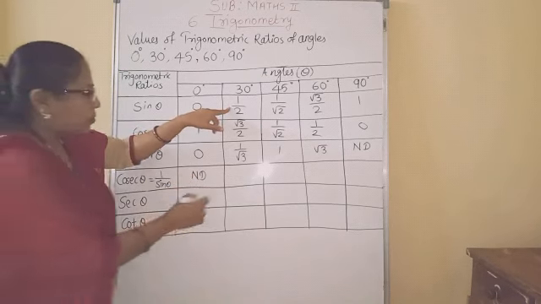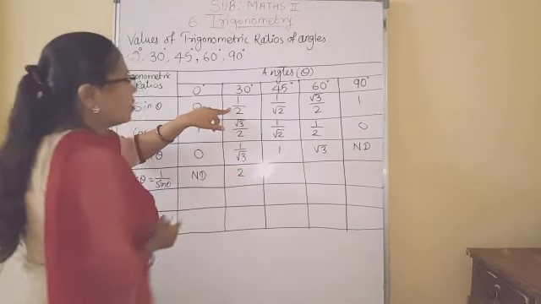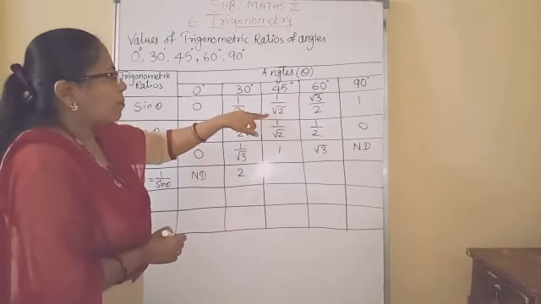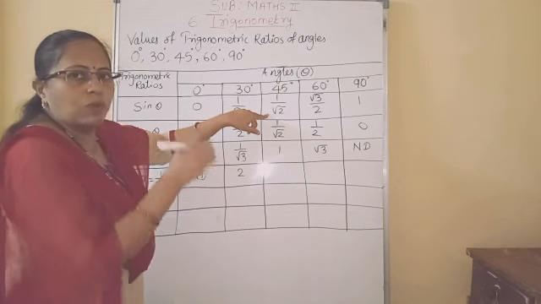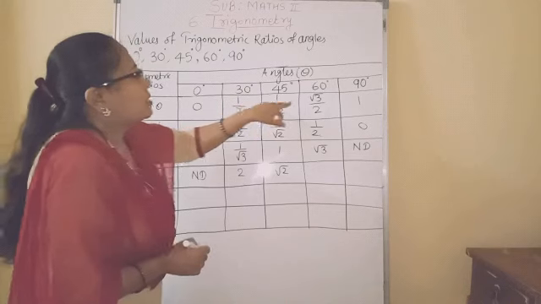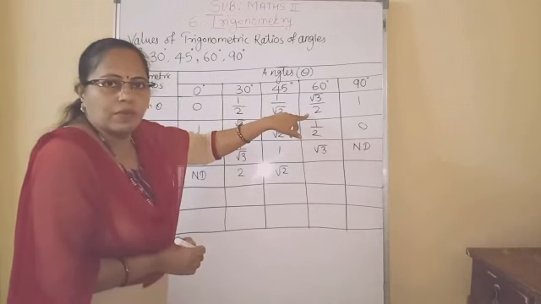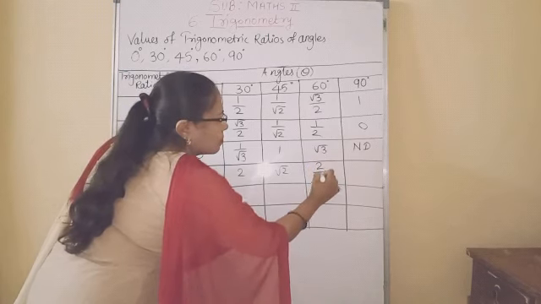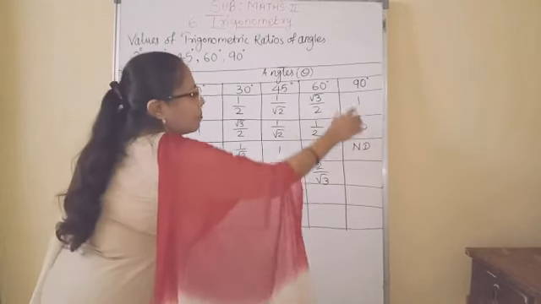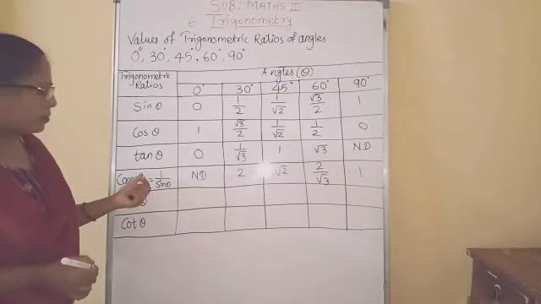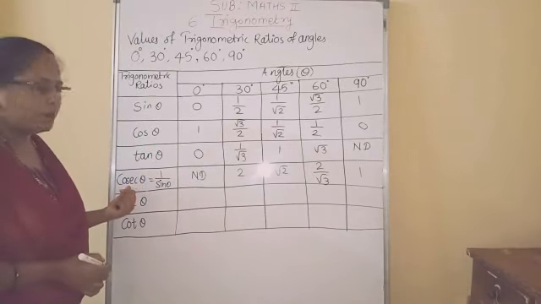Reciprocal of 1 upon 2 is 2 upon 1, means 2. Reciprocal of 1 upon root 2 is root 2 upon 1, means root 2. Reciprocal of root 3 upon 2 is 2 upon root 3. And reciprocal of 1 is 1. Understood how we find out cosec theta?